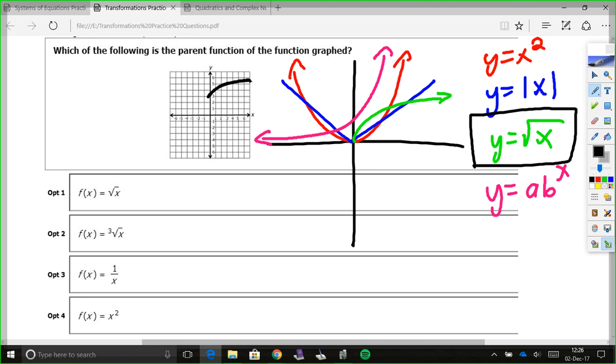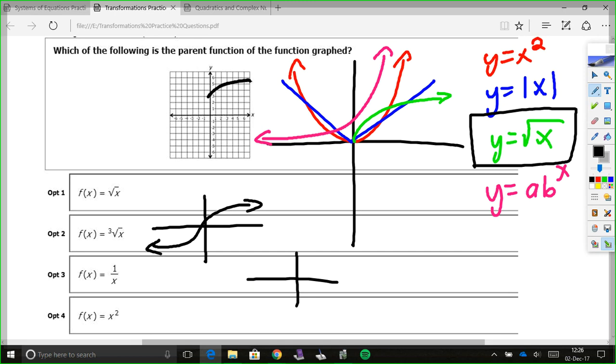If you're wondering about any of these other ones, this cube root function, I don't want to be wrong, but I think it looks something kind of like this. And this is a rational function, option choice 3.